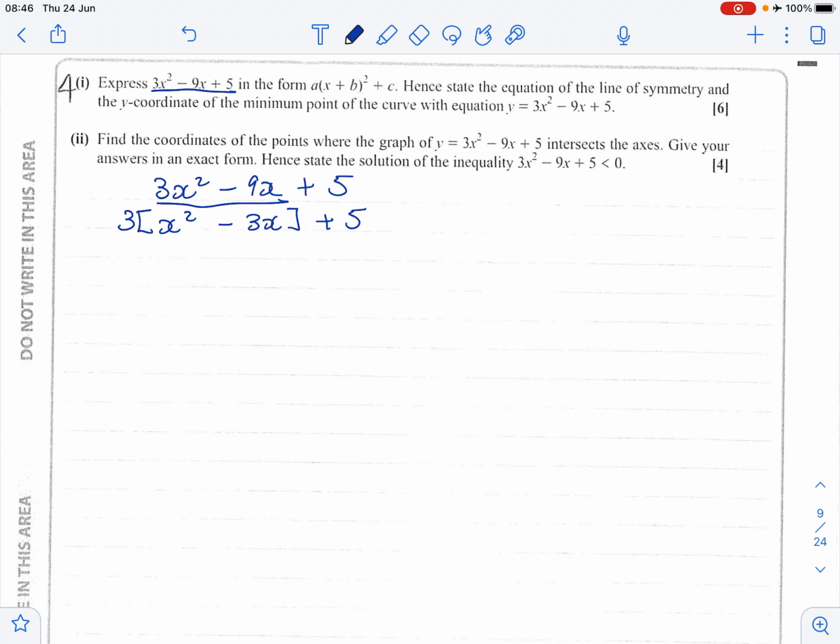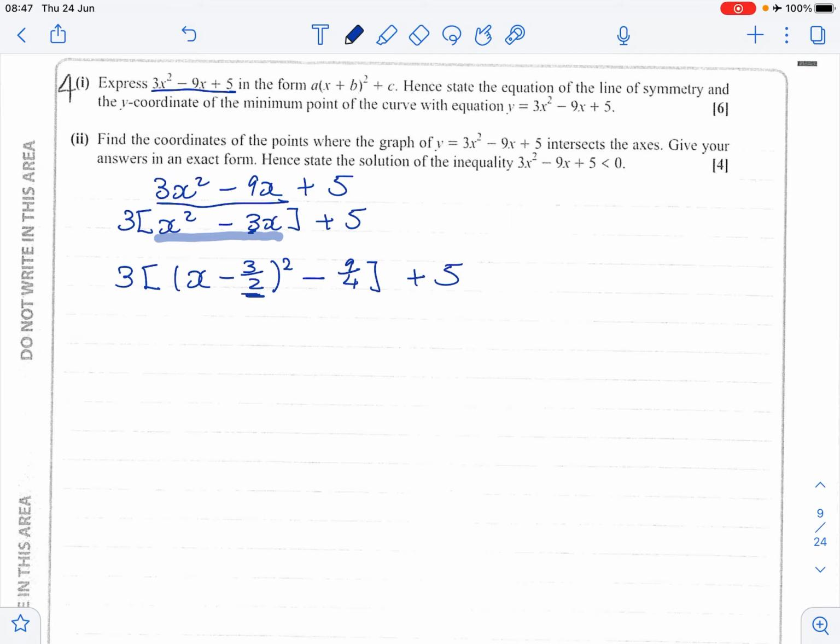Then I'm going to complete the square for this part only. Remember, we halve this term, so it becomes minus 3 over 2 squared. Then we minus this number squared, which is 9 over 4.